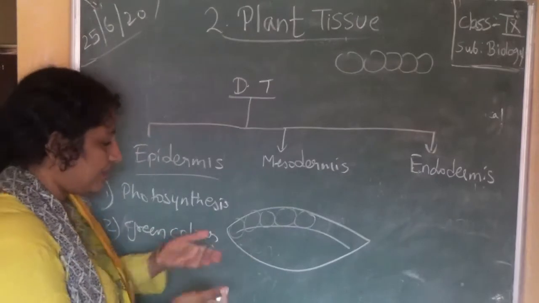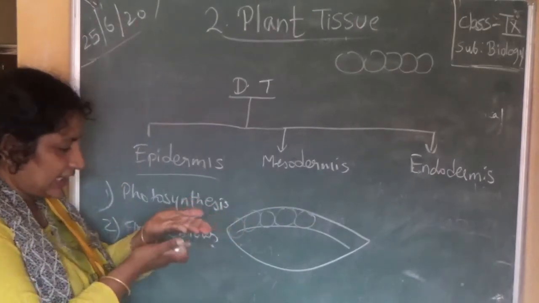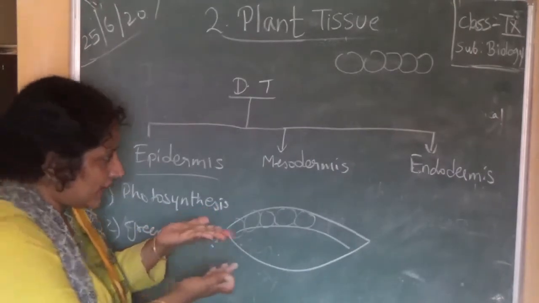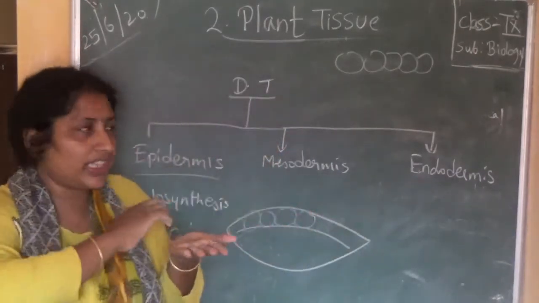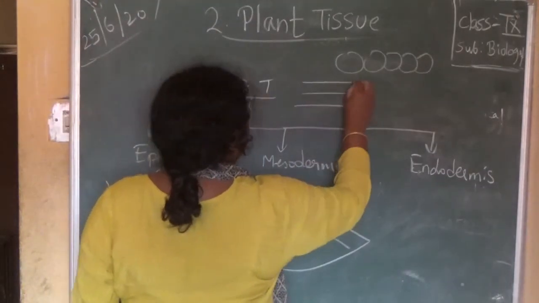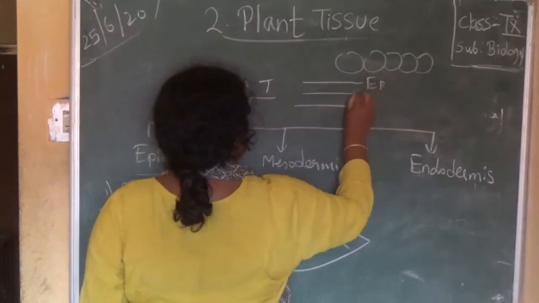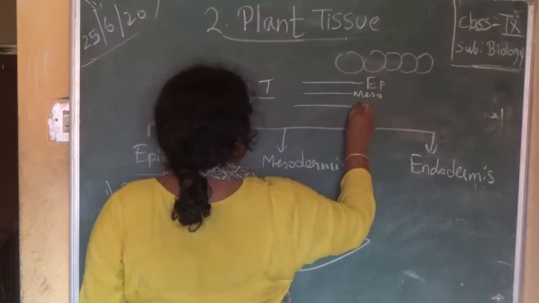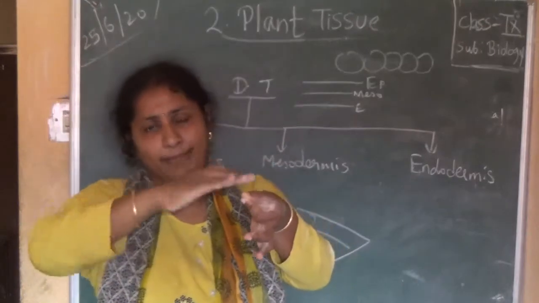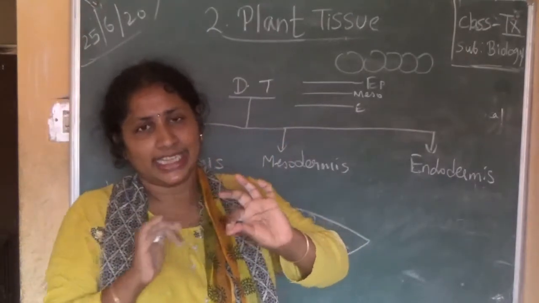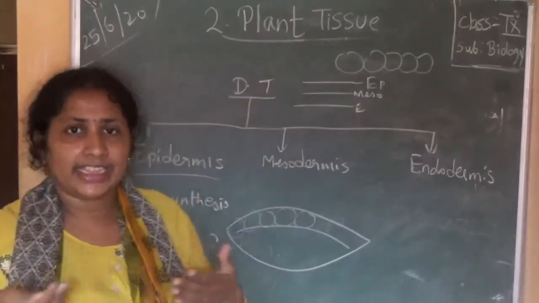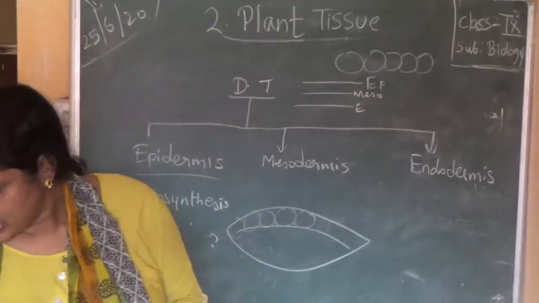Next, mesodermis, the middle layer. If you see the leaf, the top layer is called epidermis and the bottom layer is called endodermis. In between these two layers, this is our epidermis, in between is meso and this is endo. If you take a leaf, the top layer is called epidermis and if you turn it to the back side, that layer is called endodermis. In between these two there is another layer called mesodermis.